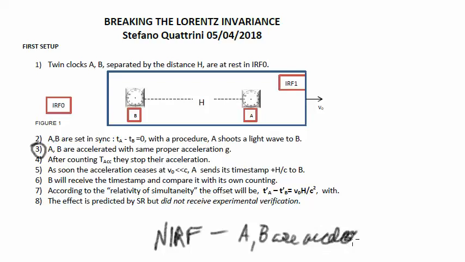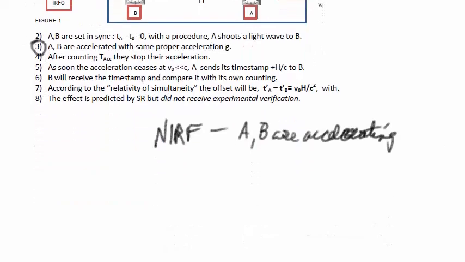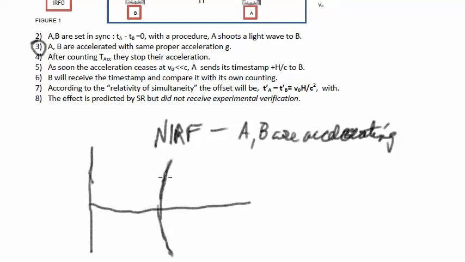And if there was a situation where A and B were accelerating at the same proper acceleration, what you would have is a situation where you've got a hyperbolic arc here with exactly the same shape as a hyperbolic arc here. So we'd have your B back here and your A back here.